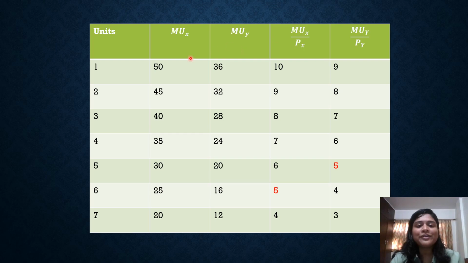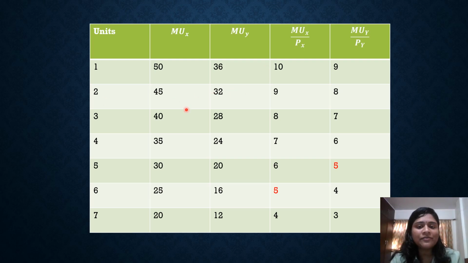So we are going to divide the marginal utility of samosa with the price of samosa, which is nothing but 5. So when you divide 50 by 5, you get 10. Similarly, when you divide 36 by 4, that is the price of vada pav, we get 9 over here. Now, over here, we cannot have an equation between these two columns. So, we drop this combination.